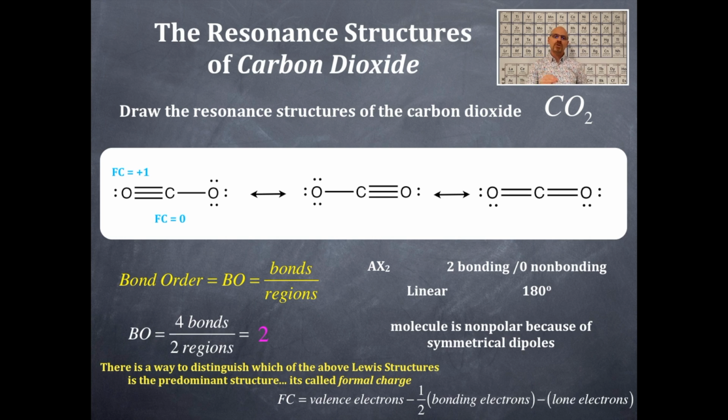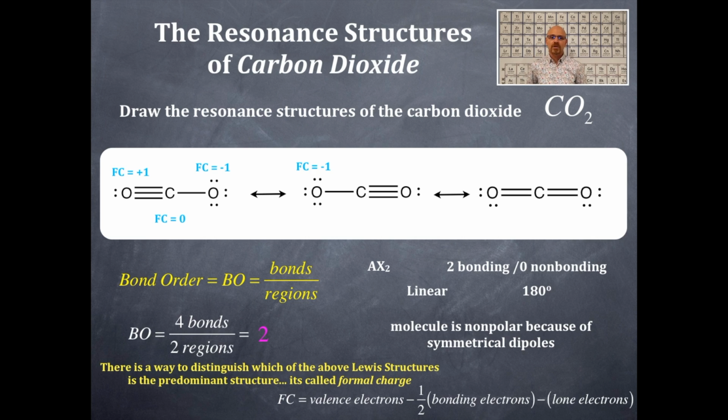The central carbon has a formal charge of 0. That's a good thing. That's what we want. That right-hand oxygen has a formal charge of -1. Now that is perfectly acceptable, and you will find a lot of oxygens that have a formal charge of -1, and that's perfectly acceptable because it's the second most electronegative element, so it should have a negative formal charge if it were to have a formal charge.